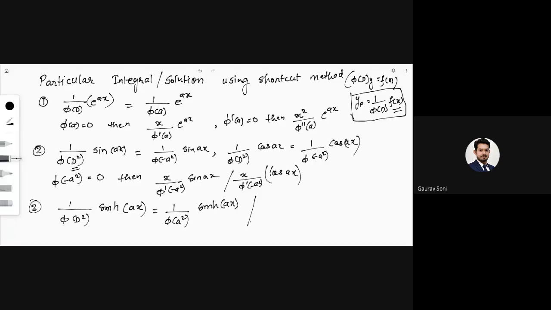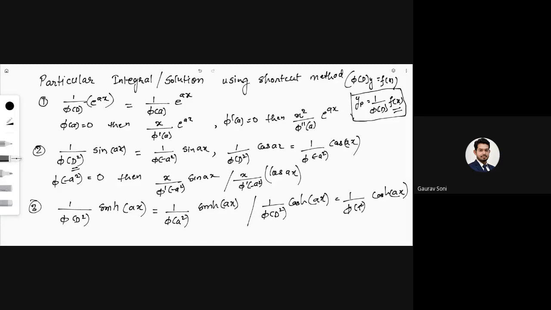The same thing for cos, 1 upon phi of D square, cosh of ax is equal to 1 upon phi of a square, cosh of ax. So for a hyperbolic function, you replace D square by a square, and for our regular trigonometric functions, we replace D square by minus of a square.